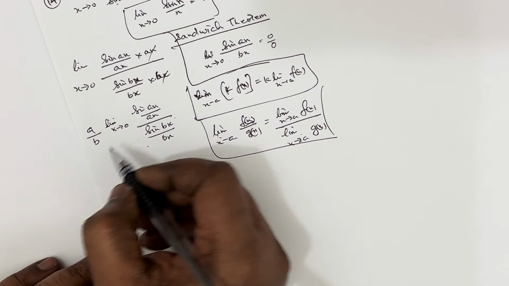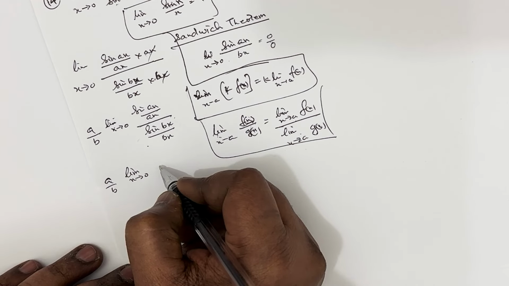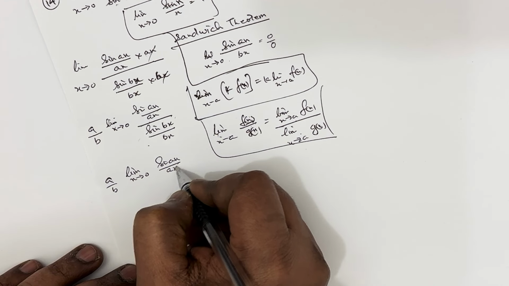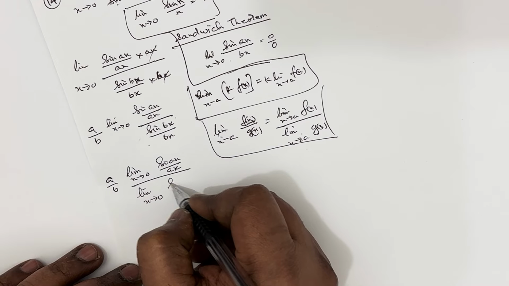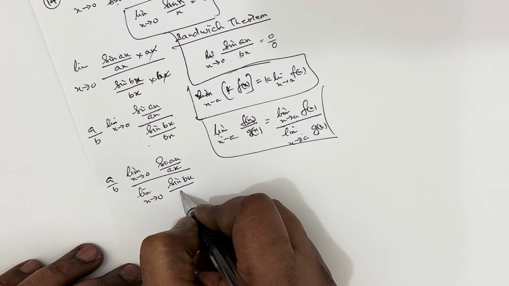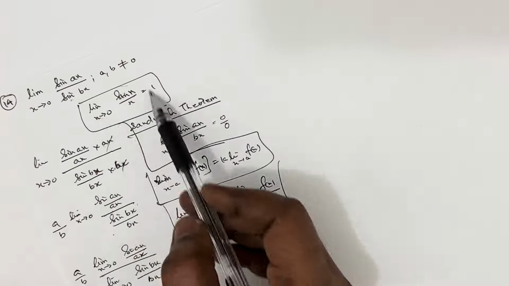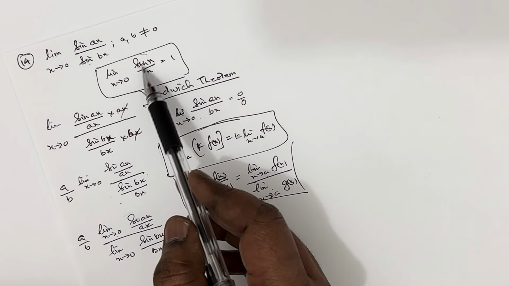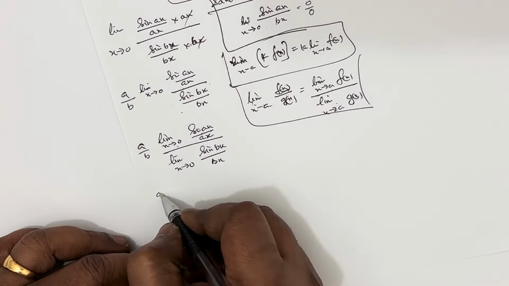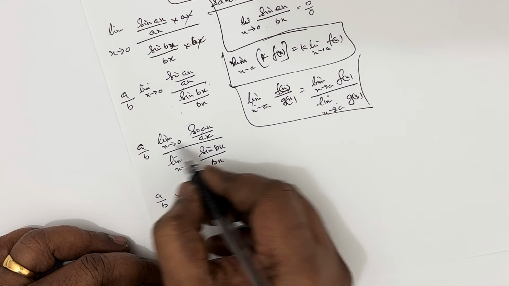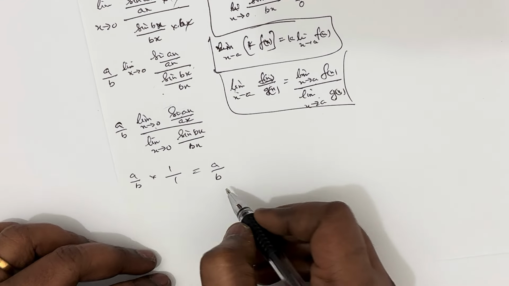So it becomes a upon b, limit x tends to 0 of sine ax upon ax by limit x tends to 0 of sine bx upon bx. Now this is exactly in the form of our theorem, so we can write this as 1. So it becomes a upon b multiplied by 1 upon 1, so it becomes a by b. Okay, this is our answer.